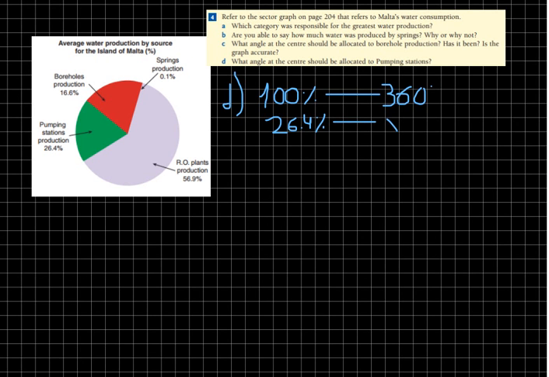Once again, in order to get the value of x, we must multiply 26.4% by 360 degrees, and that is going to be divided by 100%.